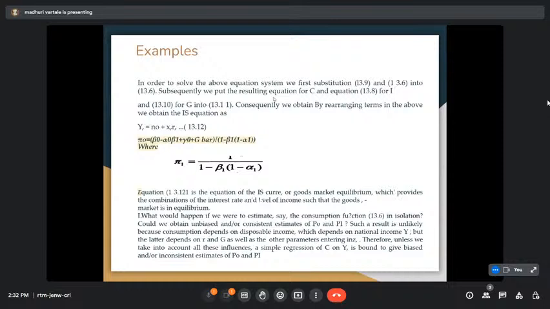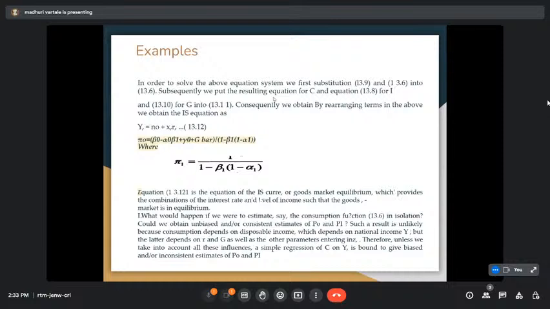This equation is the equation of the IS curve or goods market equilibrium, which provides the combination of rate of interest and level of income such that the goods market is in equilibrium.